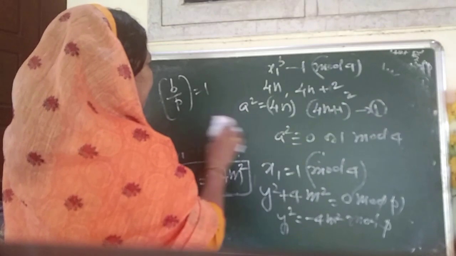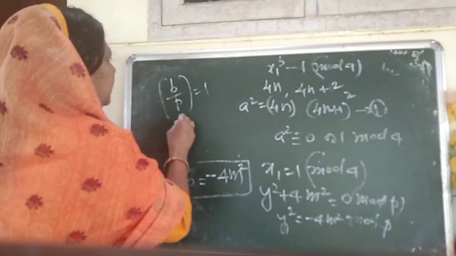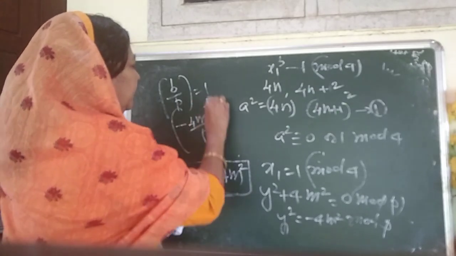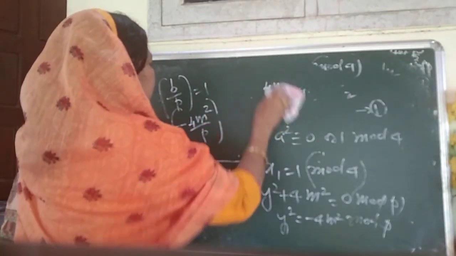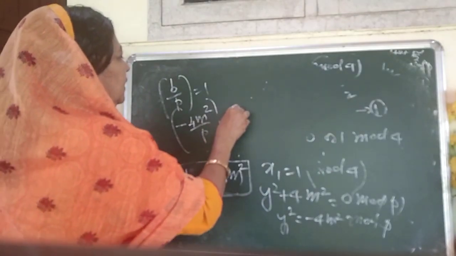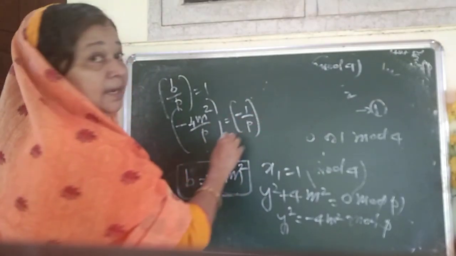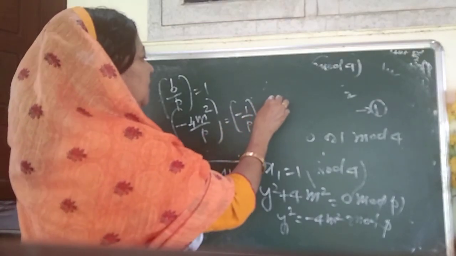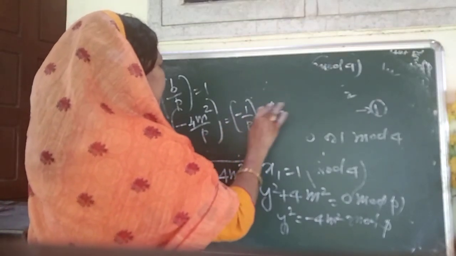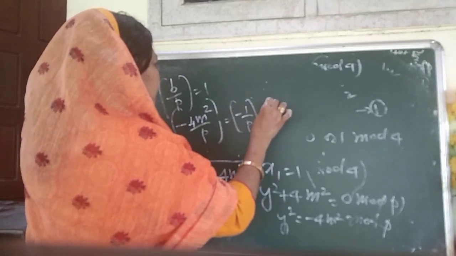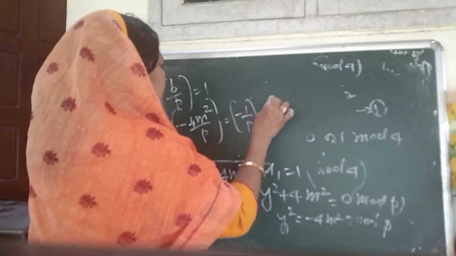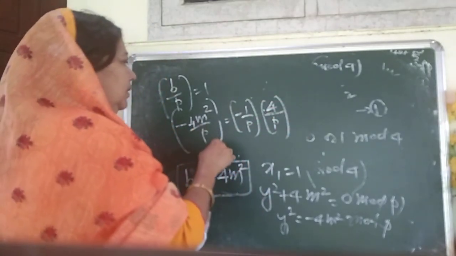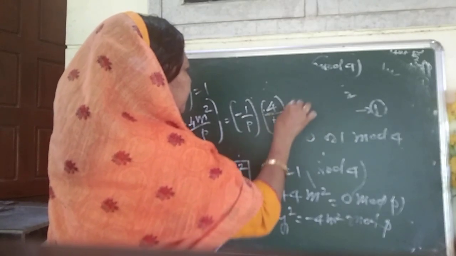But we arrive at a contradiction. b by p equals minus 4m square by p, which equals minus 1 by p, and applying Jacobi symbols, minus 1 by p times 4 by p times m by p times m by p.